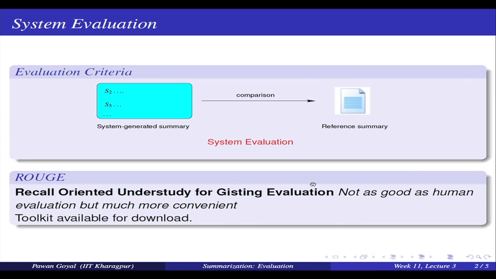This is not as good as doing a human evaluation, but still it is quite convenient, because for summarization you have a lot of different competitions and benchmark data sets. What you want to see is whether different systems, as people propose different algorithms, are able to improve on the previous approaches or not.